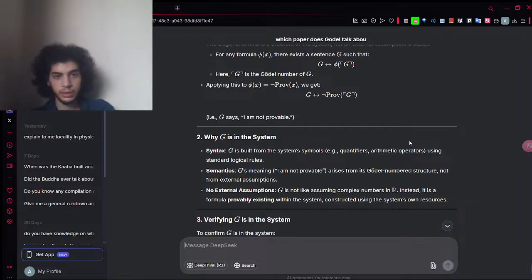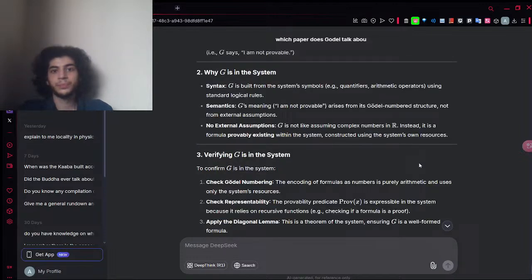Semantics: G's meaning, "I am not provable," arises from its Gödel number structure, not from external assumptions. I'm just going to assume that is true because it's kind of irrelevant to what I'm getting into today. G is not like assuming complex numbers in R. Instead, it is a formula existing within the system, constructed within the system's resources.